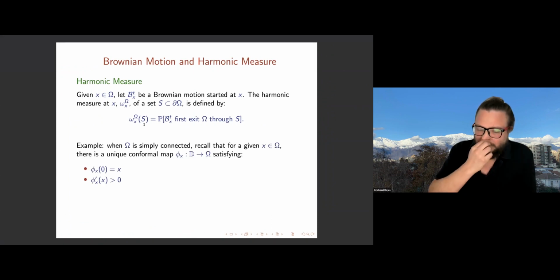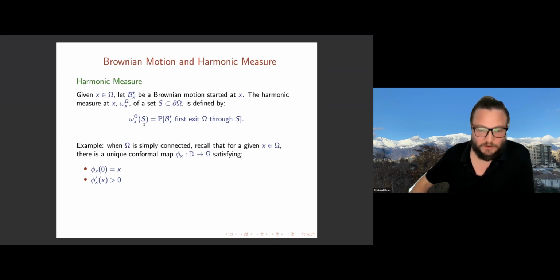So for example, if omega is simply connected, like the one I drew, we have the Riemann mapping theorem that tells us that there exists a unique conformal mapping sending the unit disk to this domain omega, which sends 0 to the marked point x, and satisfies this normalization condition, the derivative being positive there.